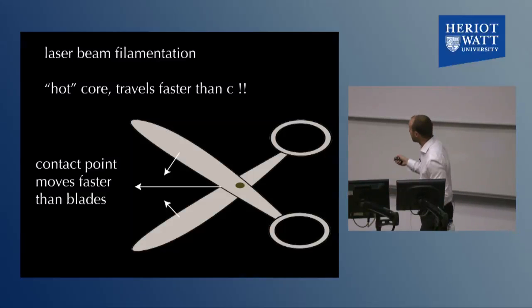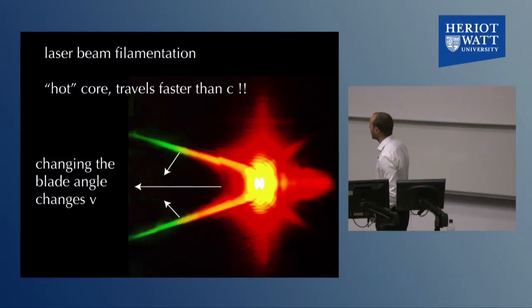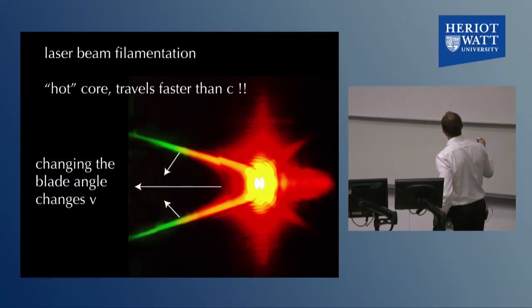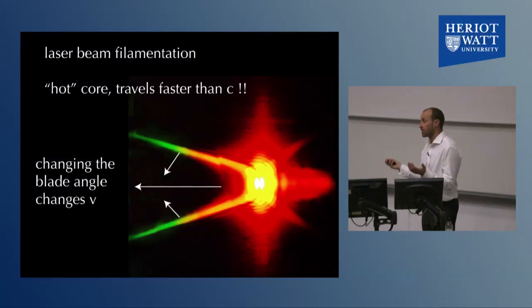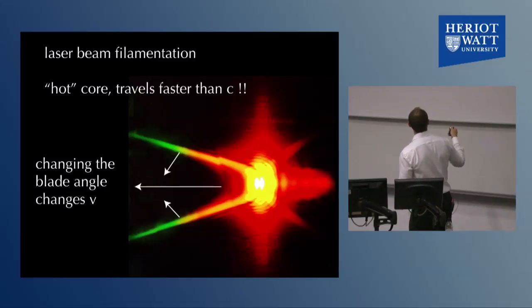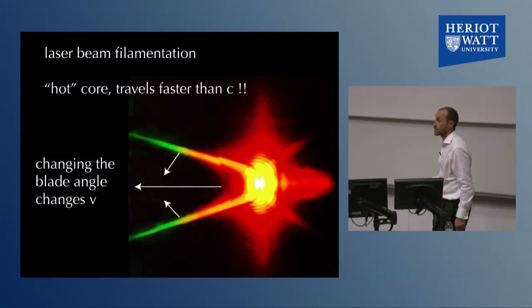The blades can go relatively slowly, but the contact point will move extremely fast. And this is precisely what we have here. These tails are basically blades of light, which inside the filament are collapsing in onto themselves. And as they do so, they form this hot core of light, which is pushed along at faster than the speed of light.